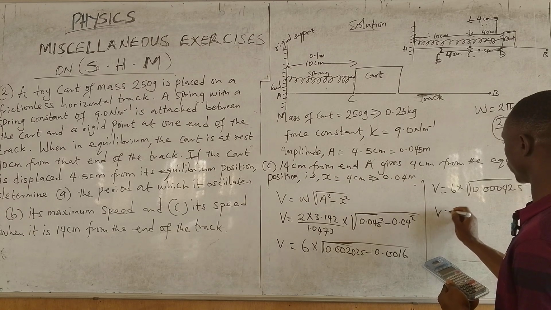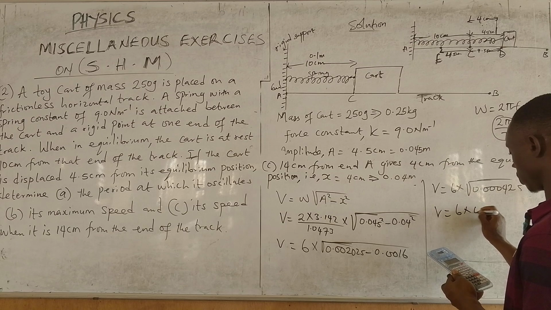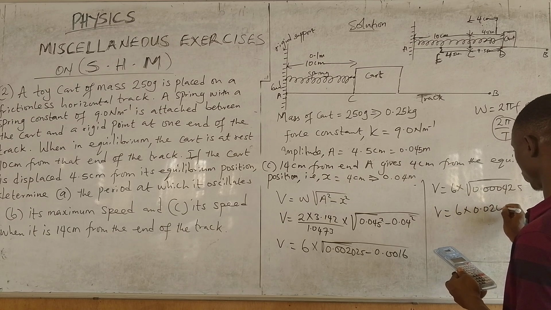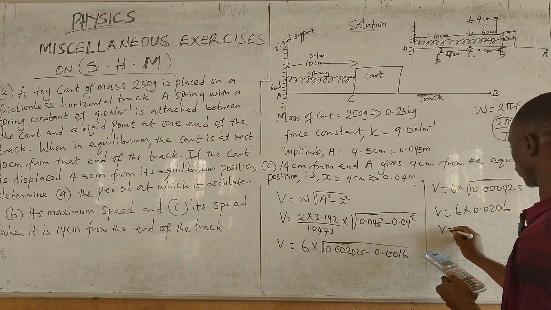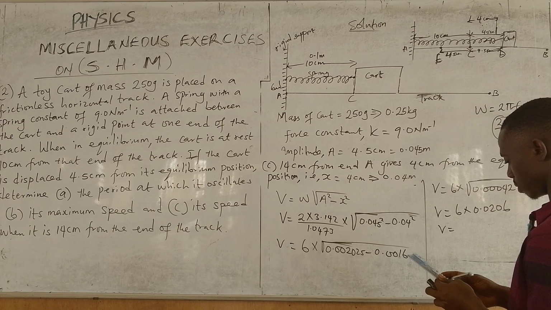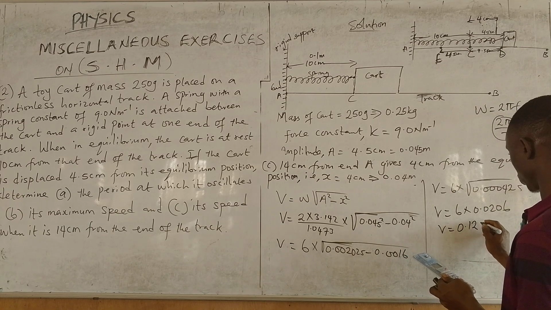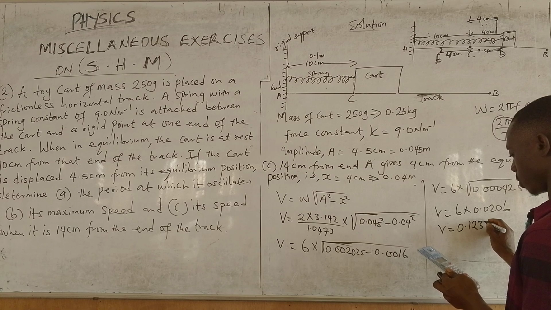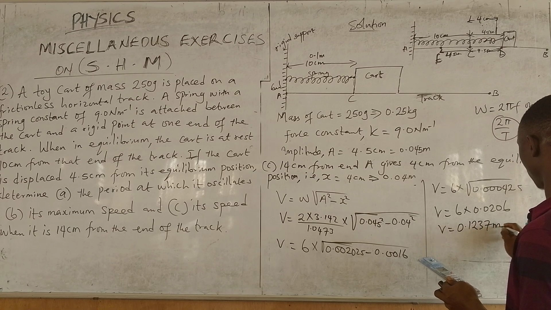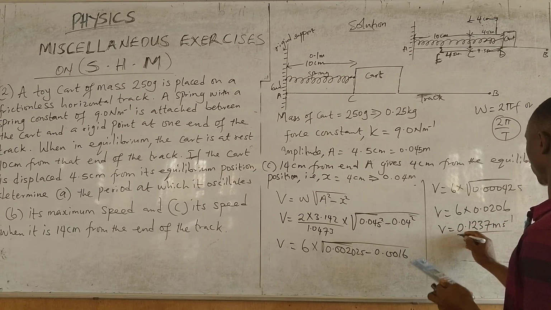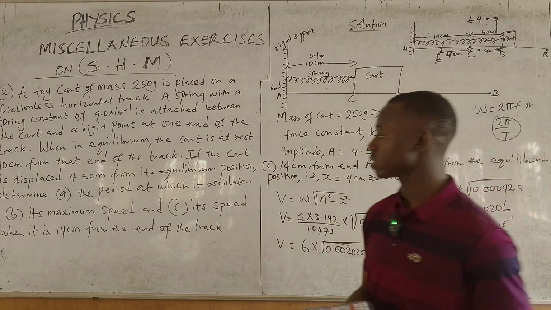V equals 6 times 0.0206 and V equals 0.1237 approximately meter per second. So that's the answer.